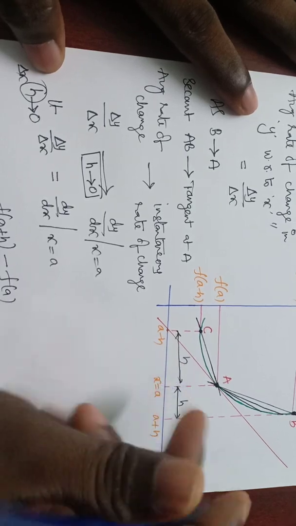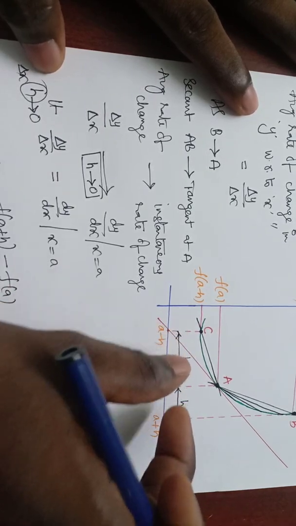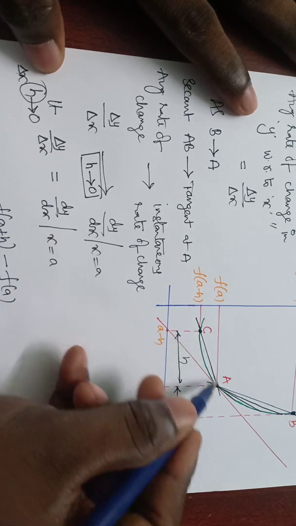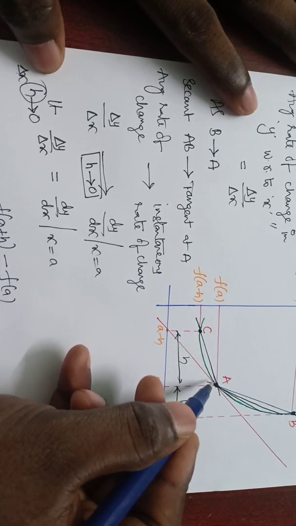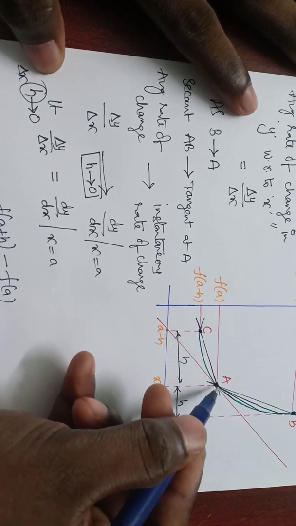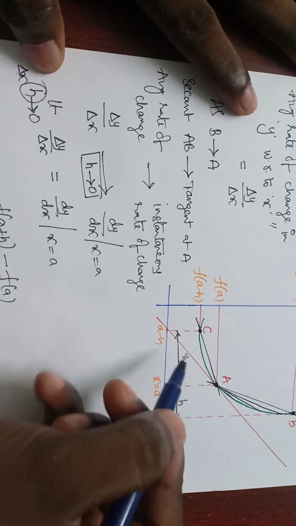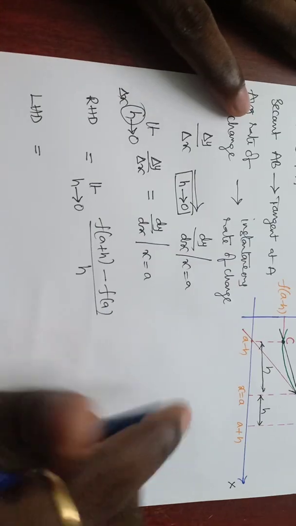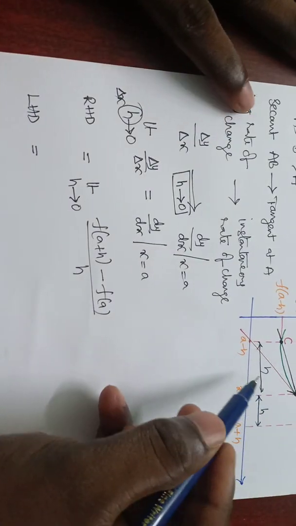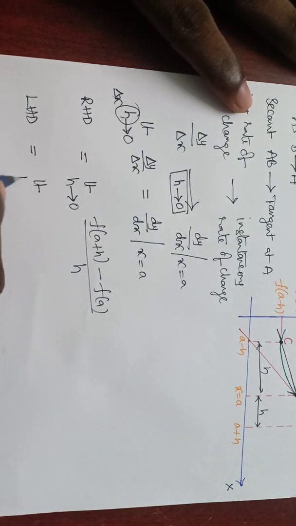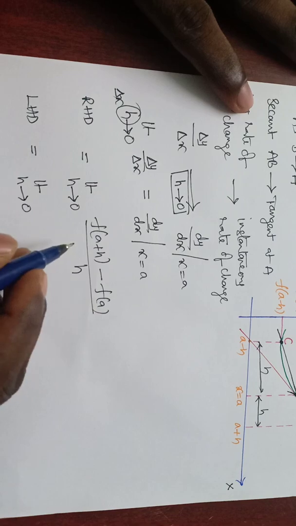Here also this is h. Clearly these two are the same, and as c moves very close to a, the secant transforms into the tangent at a. As c approaches a, h approaches 0, so here also limit h tends to 0.